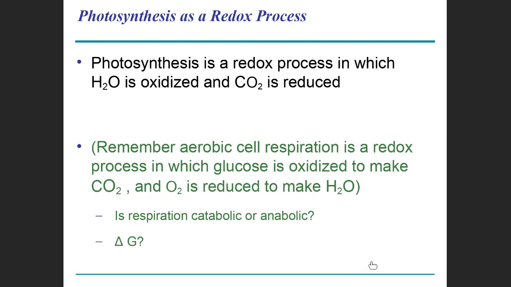So in photosynthesis, CO2 is going to be reduced to make sugar, and the water is going to be oxidized to produce oxygen. So again, it's basically sort of the opposite process, right? The opposite things are happening. So just to refresh you guys about cell respiration, is that a catabolic or an anabolic process?